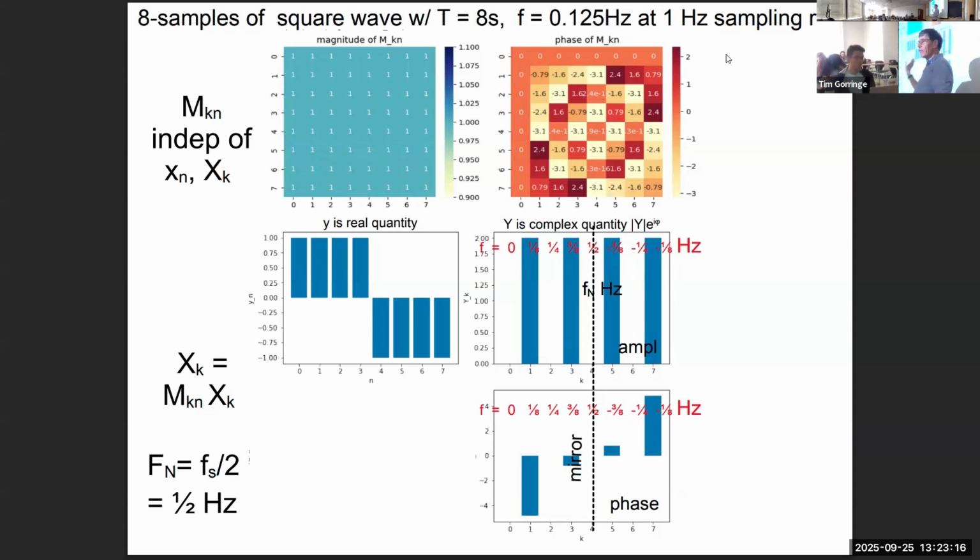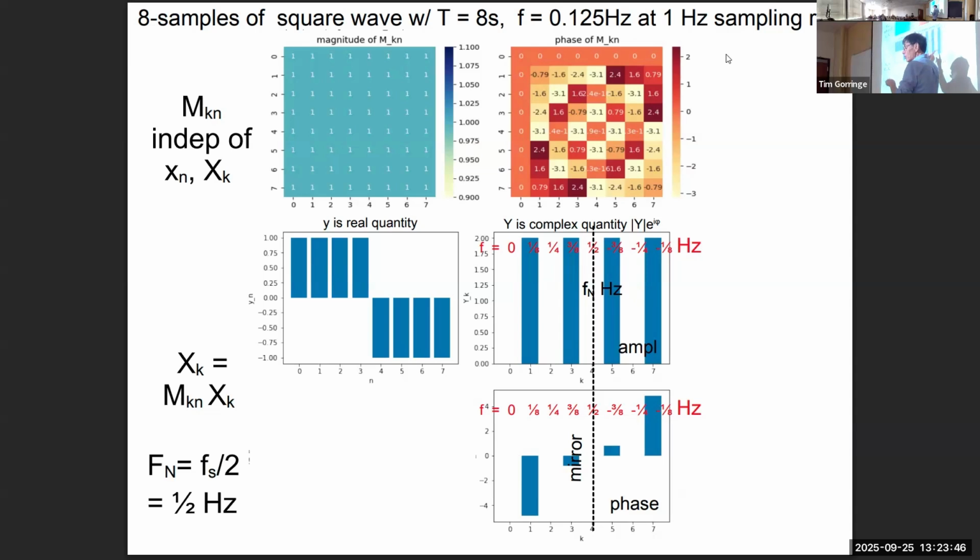Well, if you remember back to that very first plot I showed you as an example of Fourier transform, if you have a square wave, the square wave is made out of a series of odd harmonics. The lowest one has the frequency of the square wave, so it would be 1/8 hertz, but then there would be another one coming from the next odd harmonic, and that would be the 3/8 hertz.